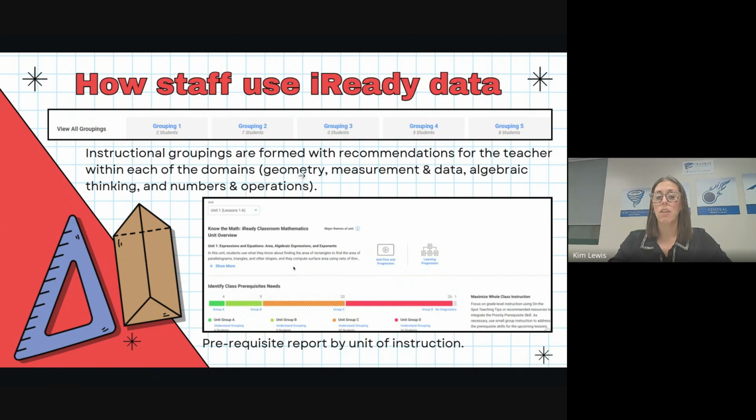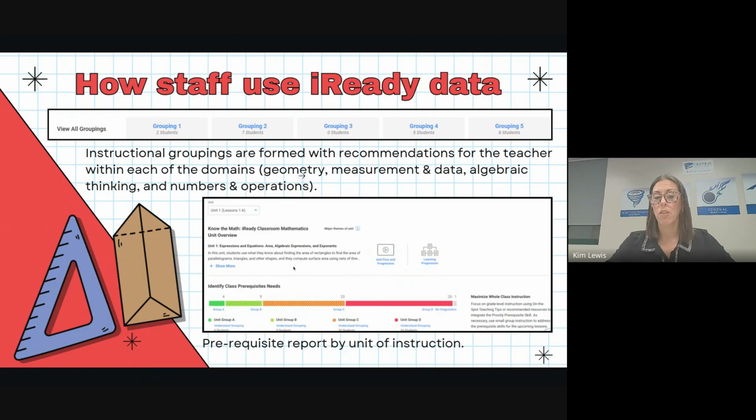It takes students that are performing similarly in similar content areas within math and groups them together, and then tells our teachers that if the student is in group 1, they need more work on, let's say, geometry. If they're in group 2, they need more work on something else, and they give them a breakdown of where their focus area needs to be.